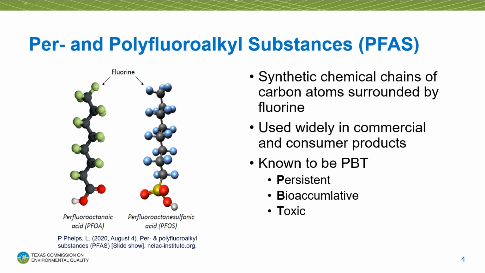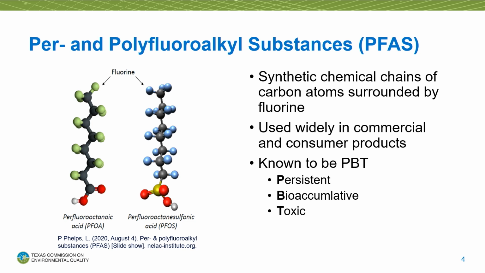So it's persistent, in that it is slow to break down in the environment. That's why it's commonly referred to as a forever chemical. It's bioaccumulative, which means that it builds up in the body of livestock and wildlife, soils, and waters, rather than just passing through or being eliminated by natural processes.